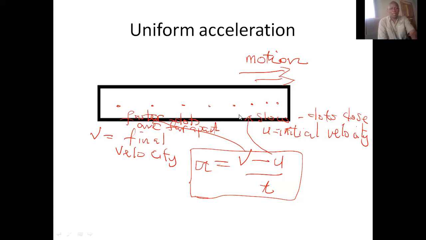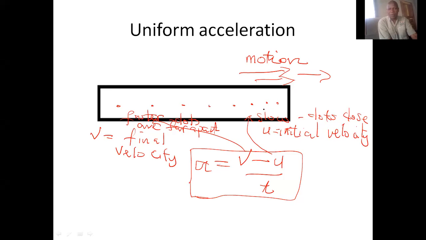Here we can see a ticker tape which has dots in it, formed as a result of a moving object. The motion of the object is shown in that direction.